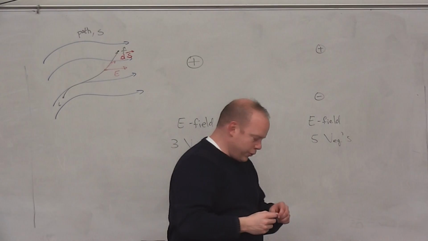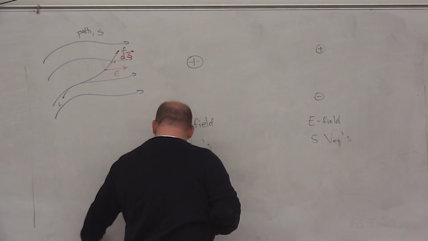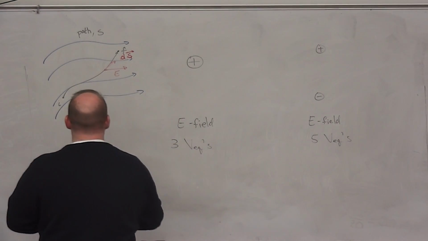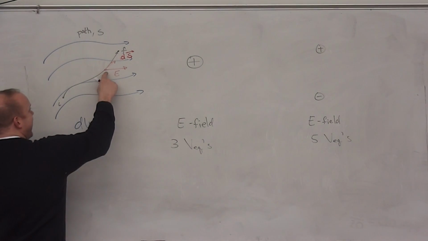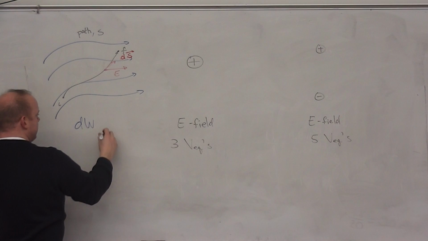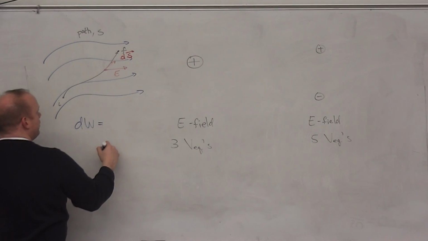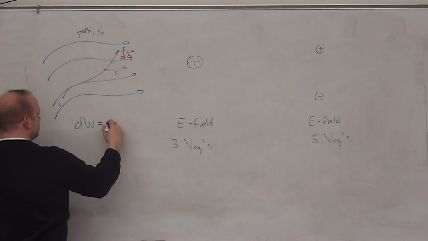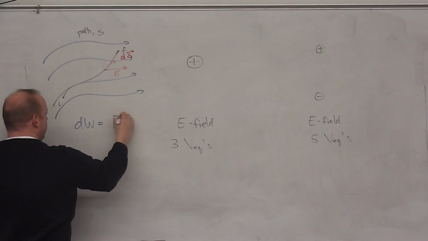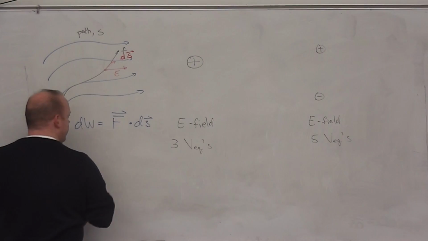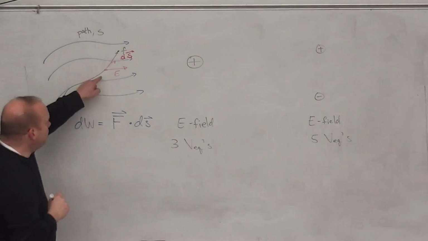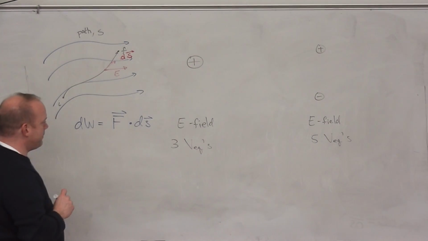Now, the reason why that's important: the work done by the electric field at this little point right here, a tiny little amount of work, is going to equal the force dotted with ds. Now the force is going to be in the same direction as E, assuming that this is a positive charge.